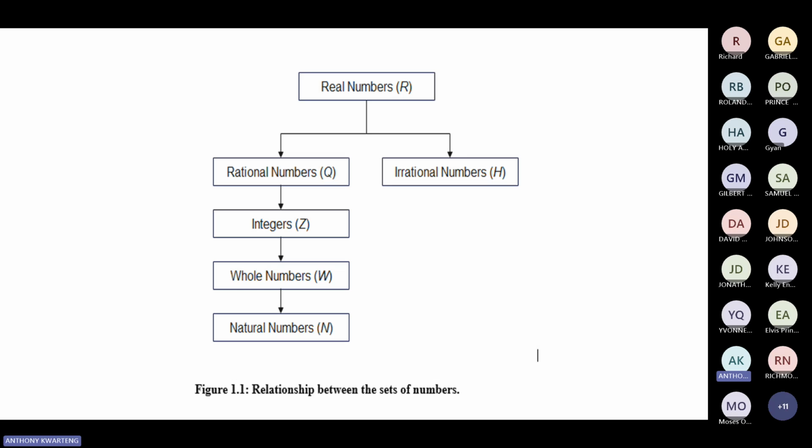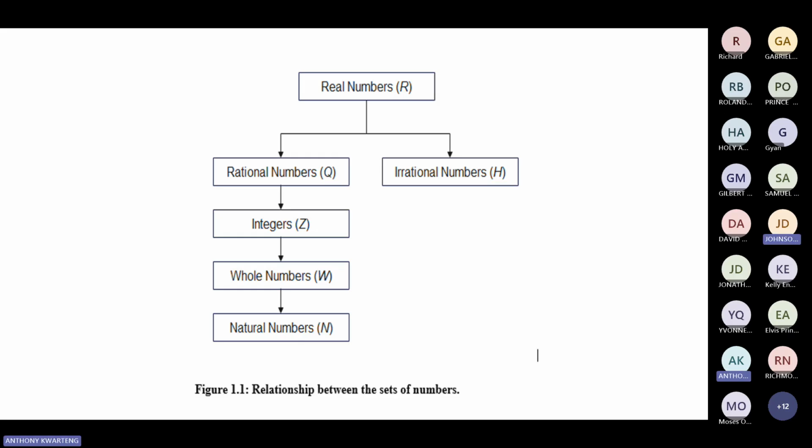The sum of its what? Proper factors. Okay. Let's move on.